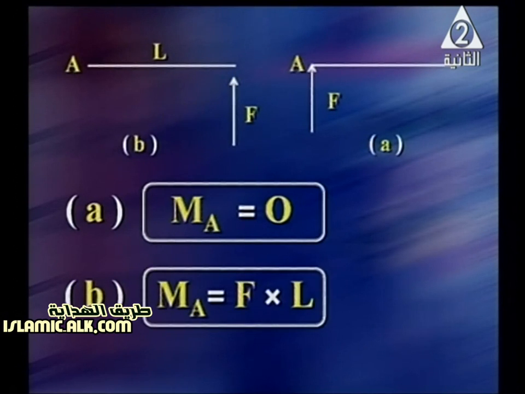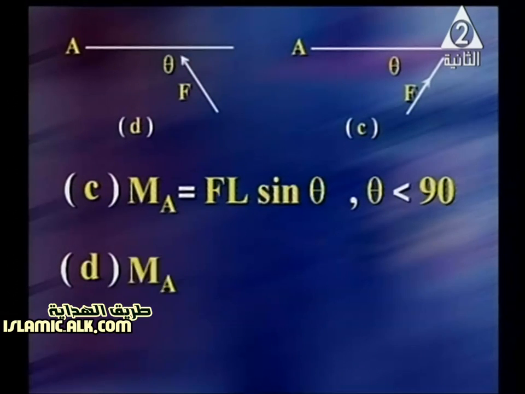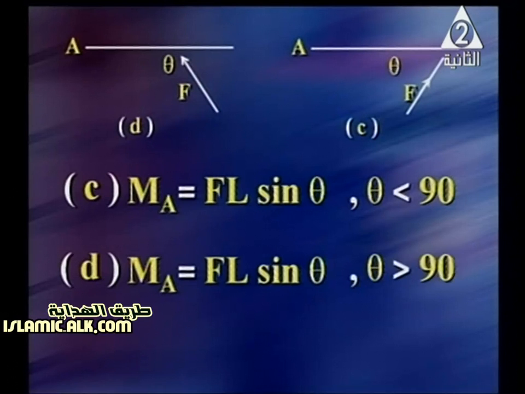In figure B, the moment equals F times L. In this case, theta equals what? 90 degrees, perpendicular. In figure C, the moment equals FL sine theta, because F is inclined by an angle theta. Theta is smaller than 90 degrees. Also in D, the moment about point A equals FL sine theta. In this case, theta is more than 90 degrees.